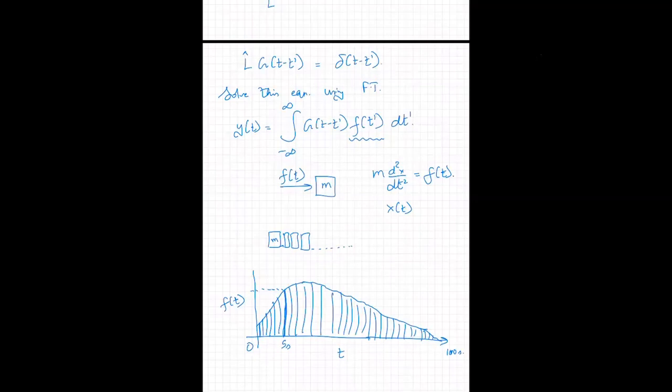So you see, what does this integration represent? This integration represents the following. G of t minus t prime is the response of the system corresponding to a delta function impulse at time t equal to t prime. So which means that at t equal to t prime, if there is a delta function impulse, the object moves, let us say, vertically 1 centimeter.